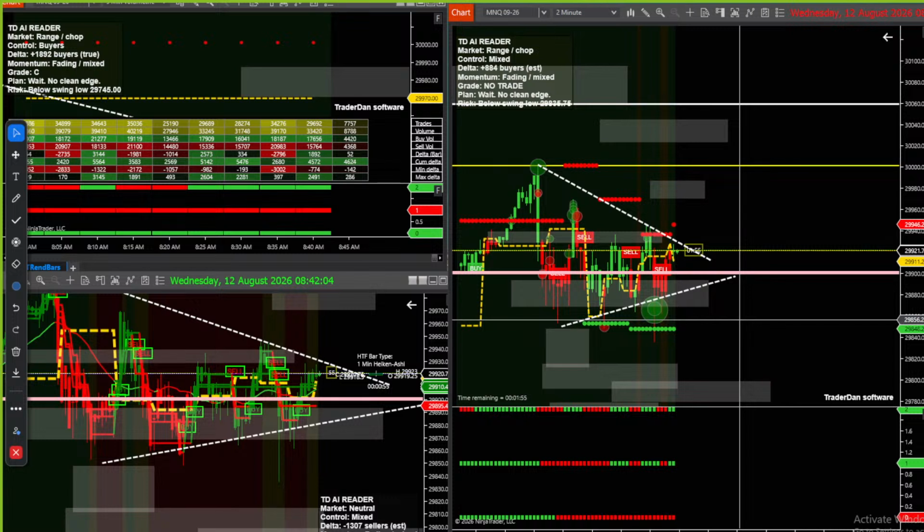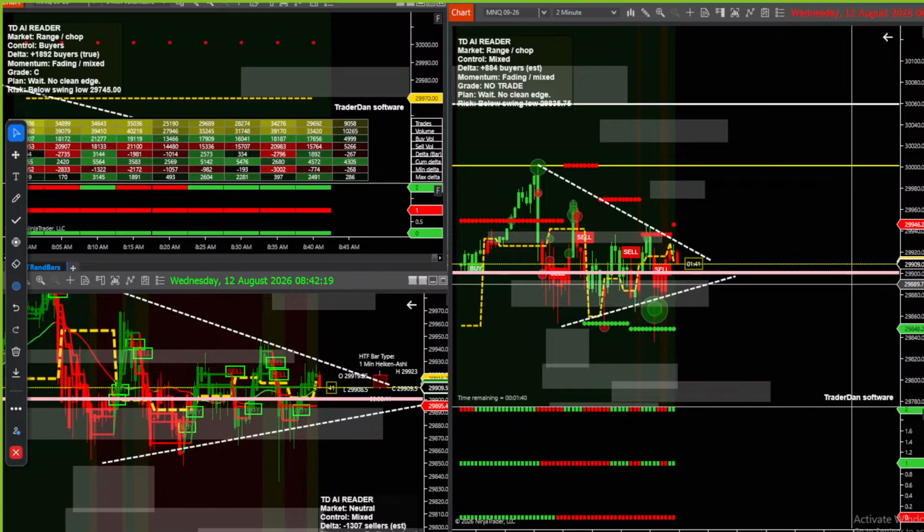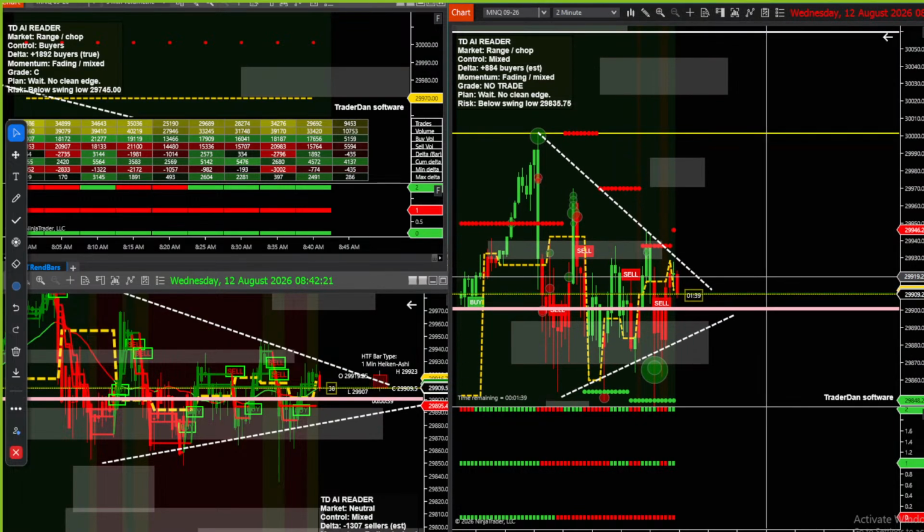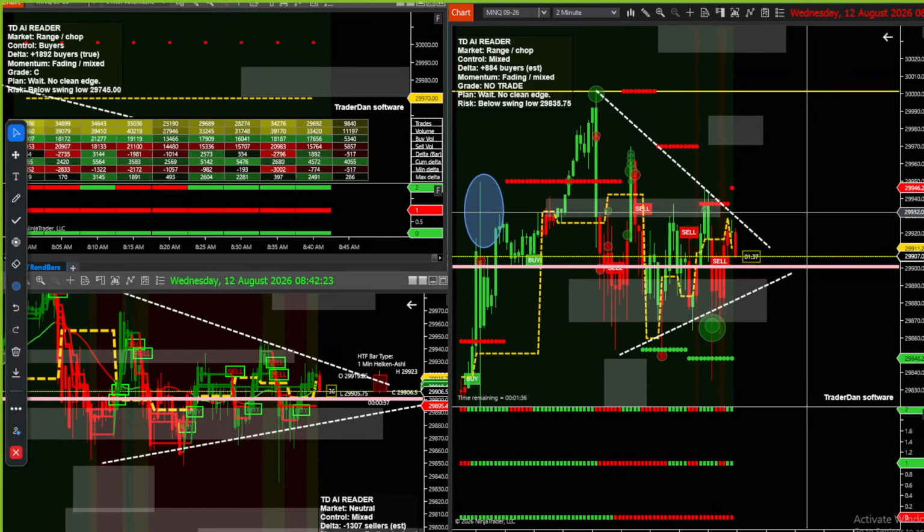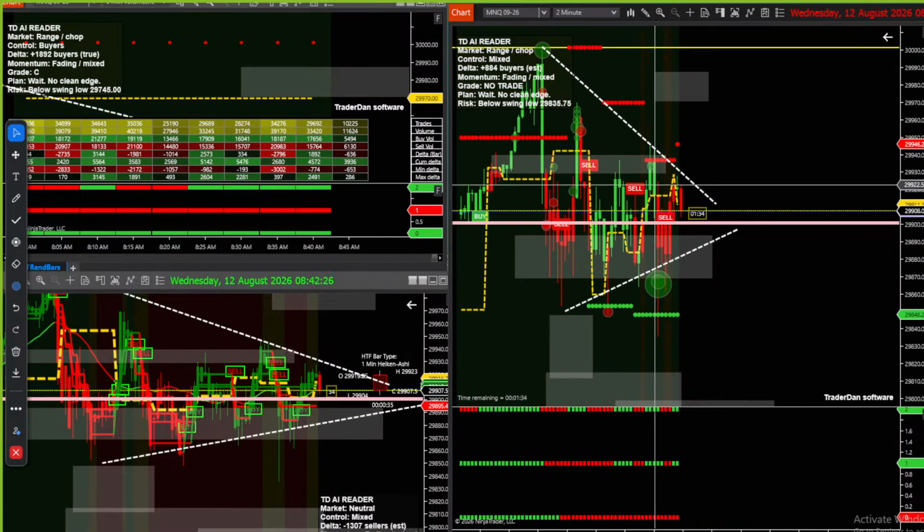Trying to stay above this zone. Now you're in the top of the range.